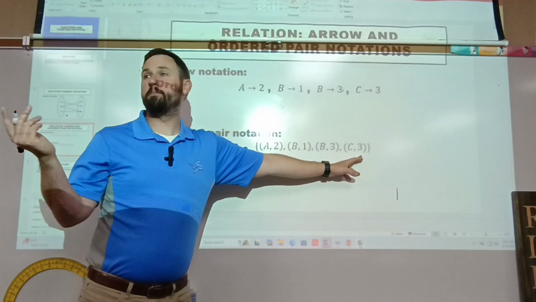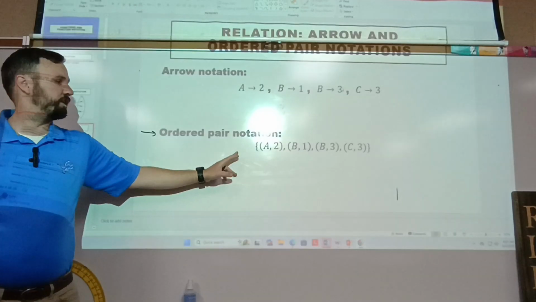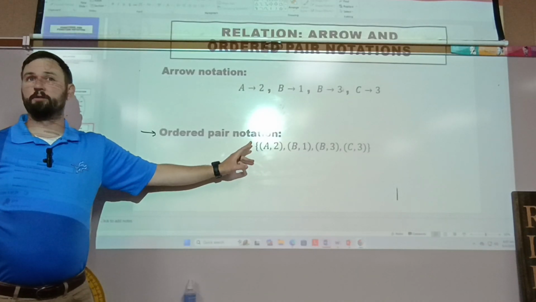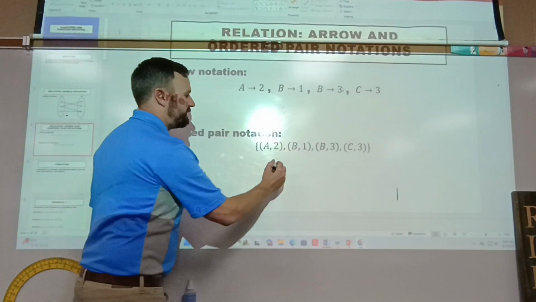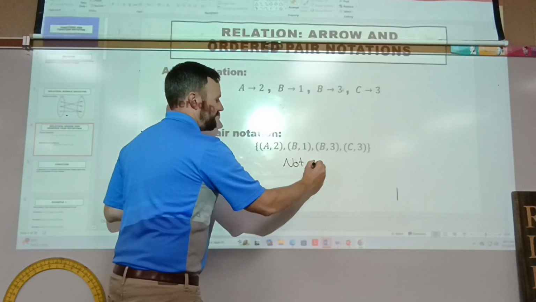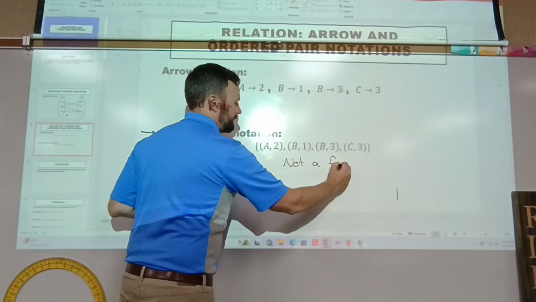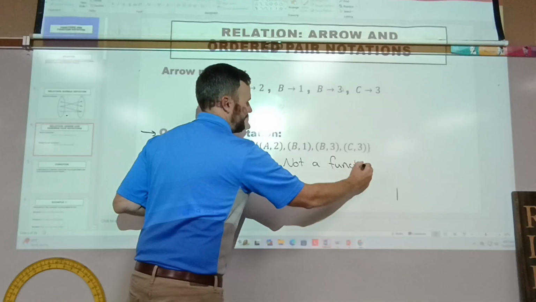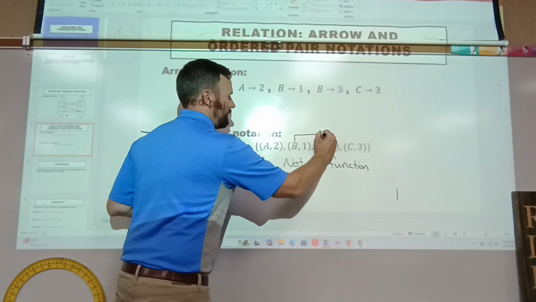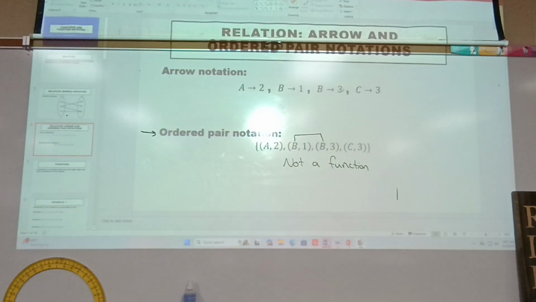That's the same thing as the map you saw. It's just another way of writing it. This is a very common way to do it. We're going to do that a few times. This is not a function because I have 2 x's going to different y's.